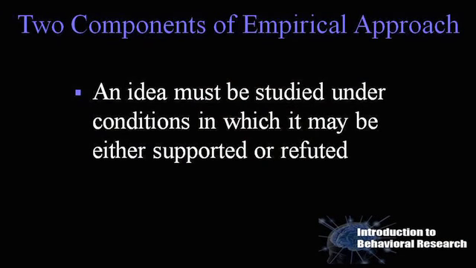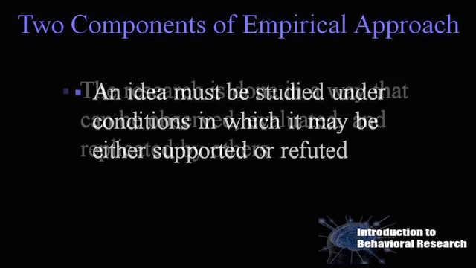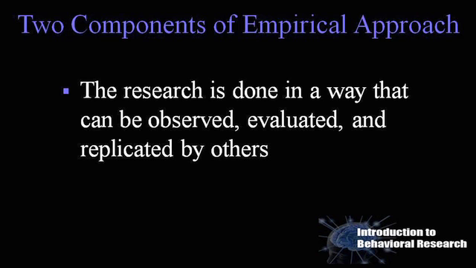So we have two components of the empirical approach, okay? An idea must be studied under conditions in which it may be either supported or refuted. So when you develop a hypothesis, we try to support our hypothesis, or if it's not supported, we refute it, okay? The research is done in a way that can be observed, evaluated, and replicated by others, okay?